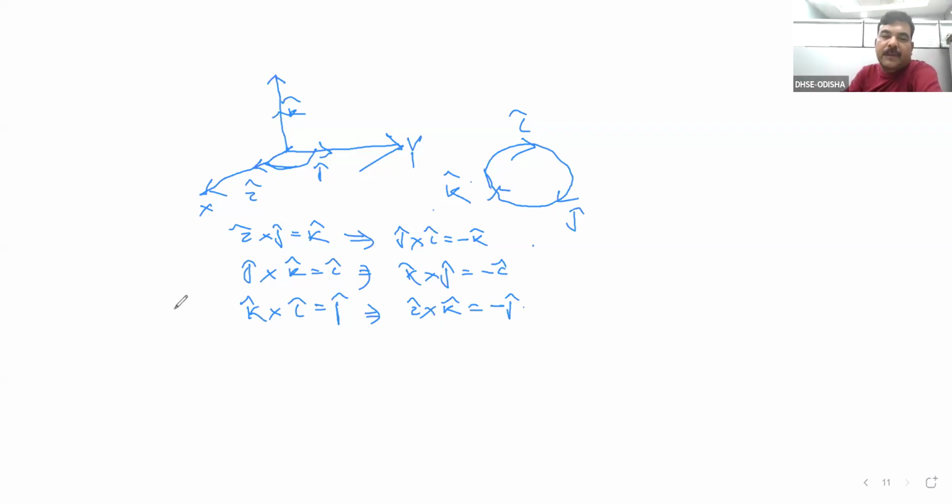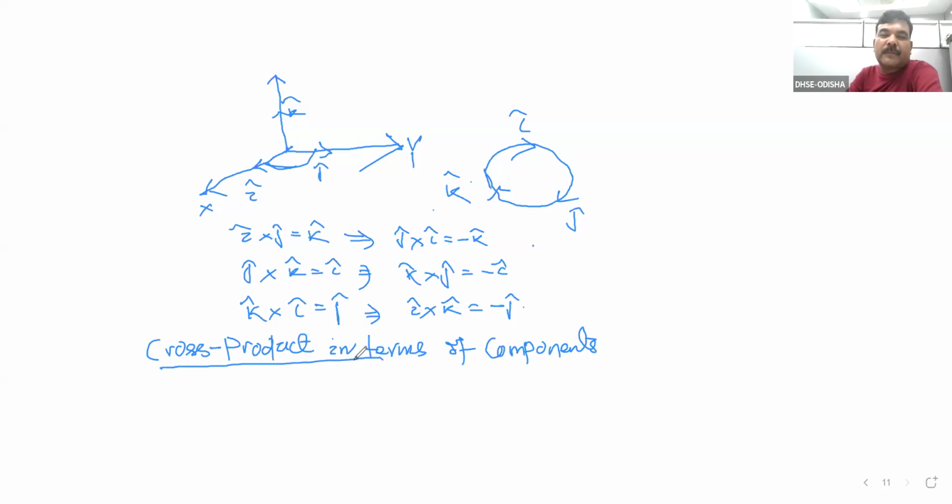Write down cross product in terms of components. Okay.